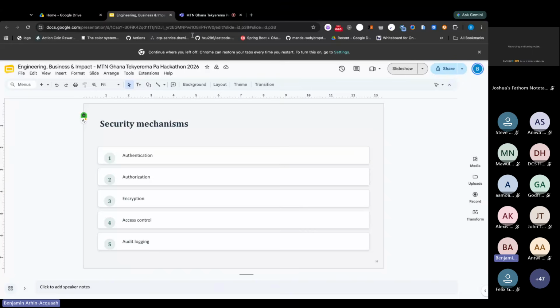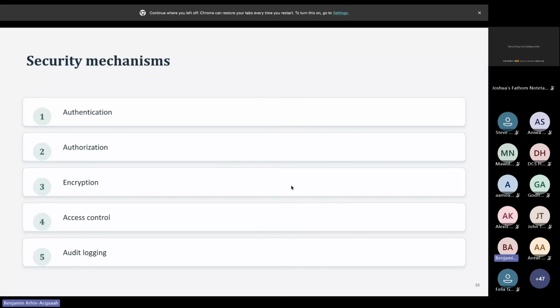Yeah. So as was said, audit logging is essentially recording activities happening in your application. Anything that happens, we want to log it.